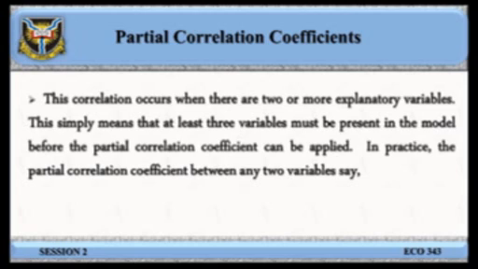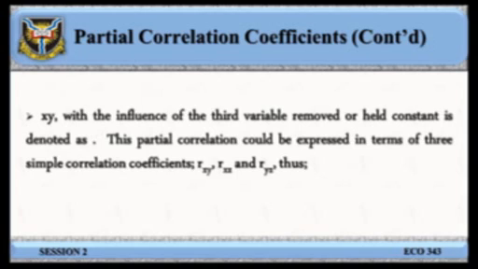In practice, the partial correlation coefficient between any two variables, say x and y, with the influence of the third variable z removed or held constant, is denoted as Rxy.z. This partial correlation could be expressed in terms of 3 simple correlation coefficients, Rxy, Rxz, and Ryz.